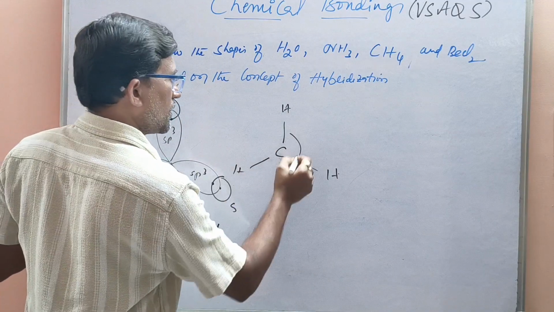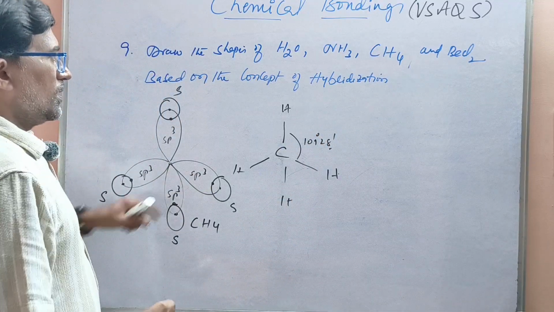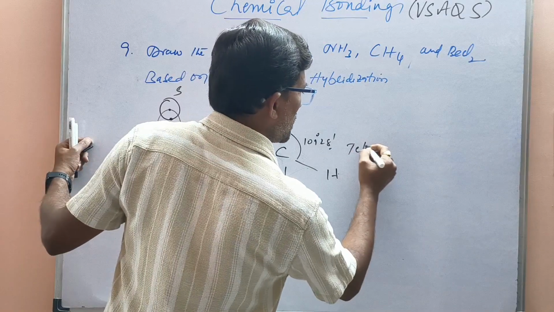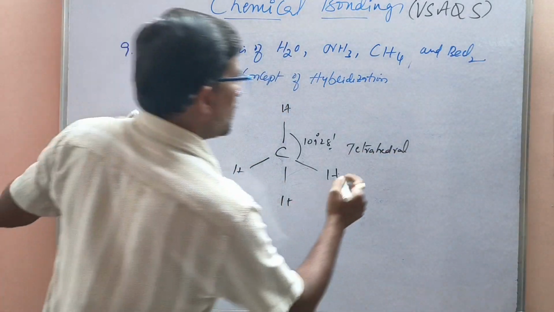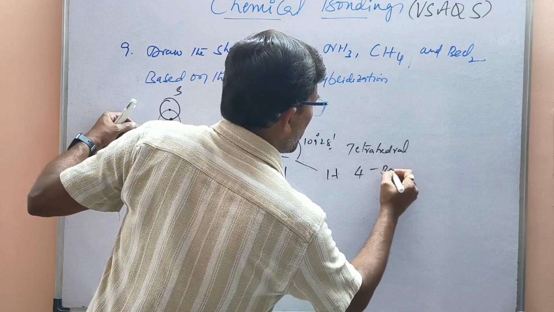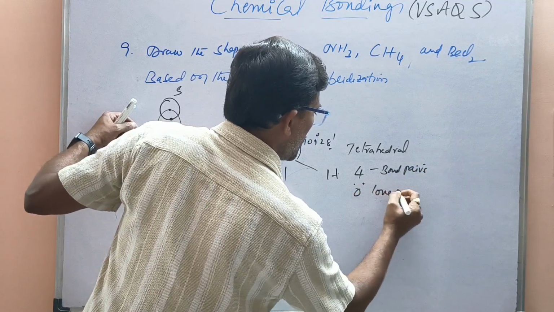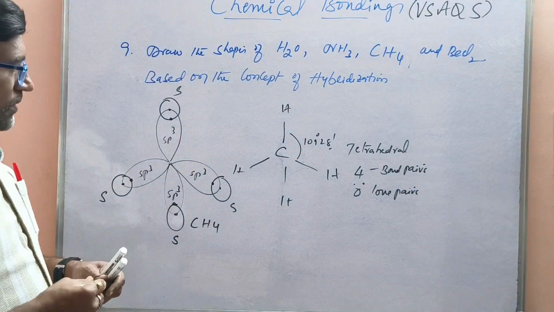And you can mention clearly this is the 109 degrees 28 minutes bond angle in methane, and the shape is tetrahedral. If you observe here, there are 4 bond pairs, 0 lone pairs. Okay, this is about methane.